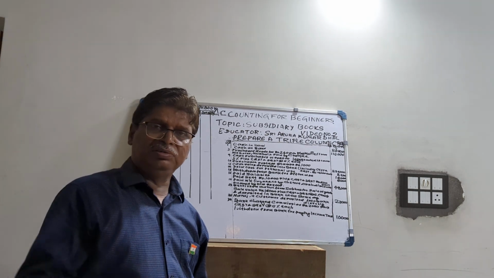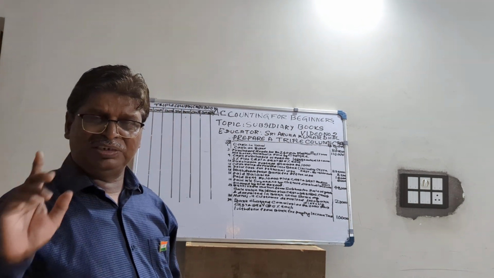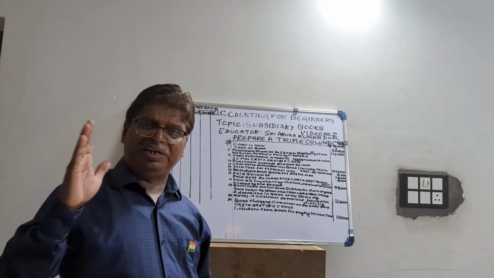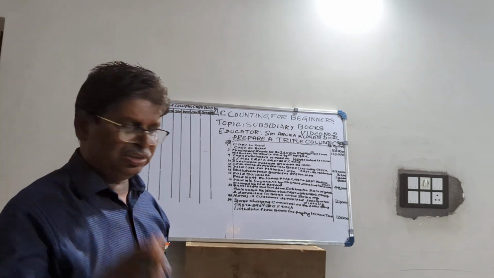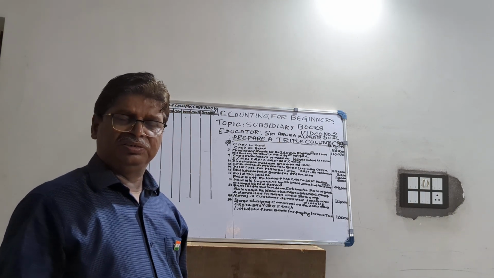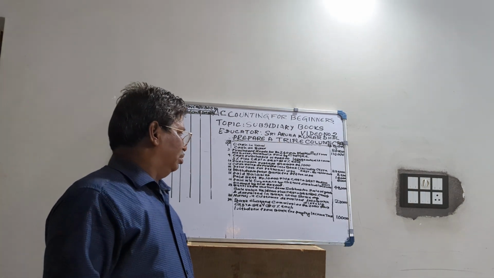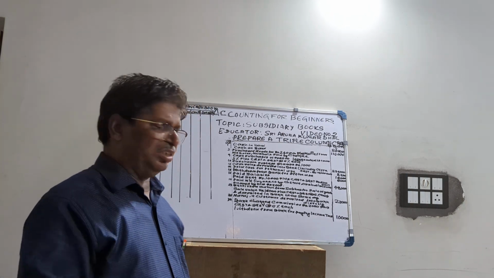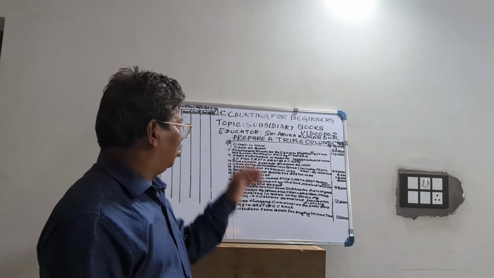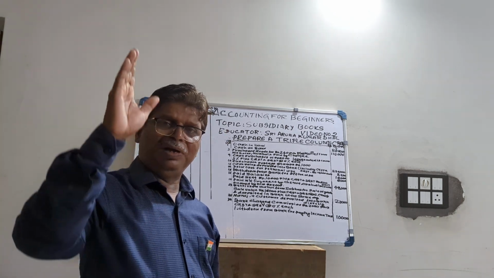All of you know, journal is the book of original entry or prime entry. Transactions are recorded in it first in a chronological order. But when the business is enlarging, that means the volume of transactions is very high, it is not possible to prepare a journal.